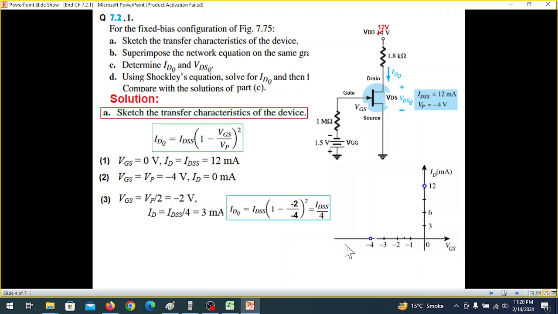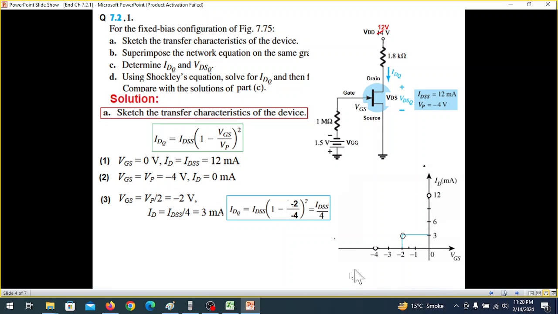VP was minus 4, so we take minus 2. At this point, putting VGS as minus 2 and VP as minus 4 into the equation and solving, we find ID to be IDSS by 4. IDSS is 12, so 12 divided by 4 is 3 milliampere. So we mark that point here.